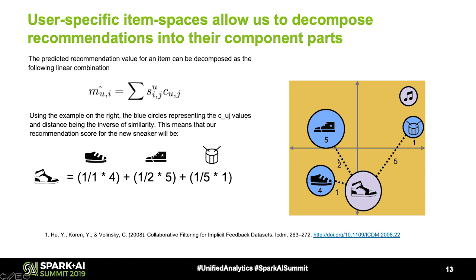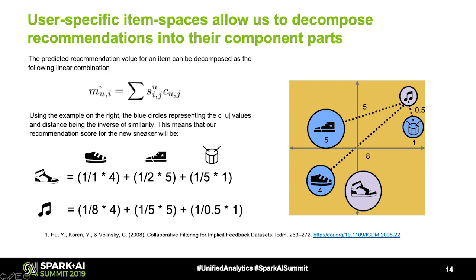And essentially, you can weight how far away, so we're trying to figure out what this user's opinion is about this item. So, it's the weight of what they consumed it with, how far it is away from that item. Similarly, we can say their opinion about this musical instrument over here is this decomposition as well.